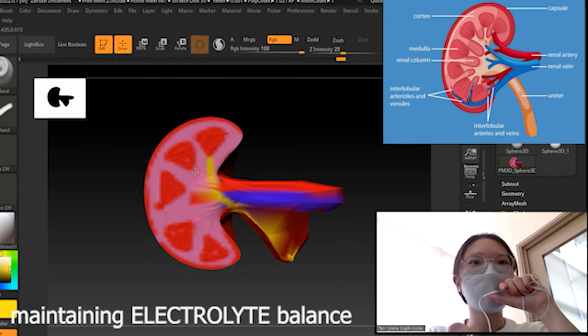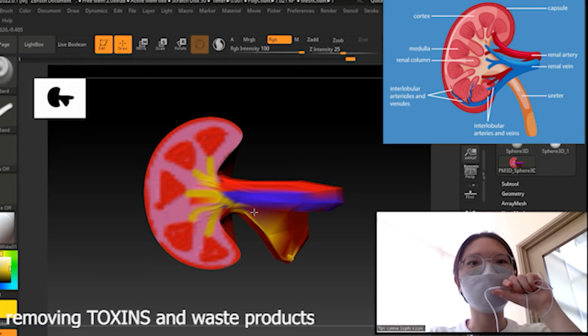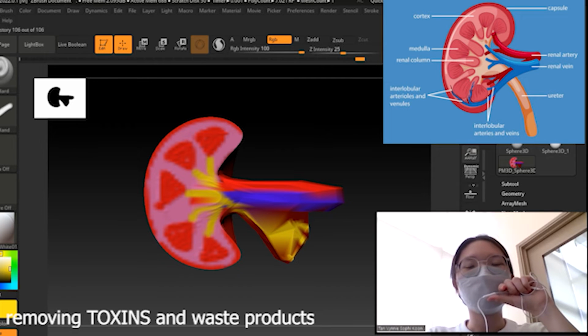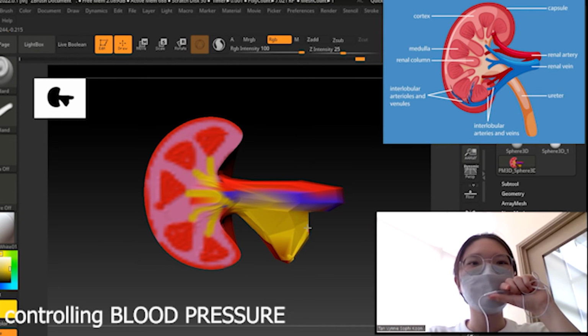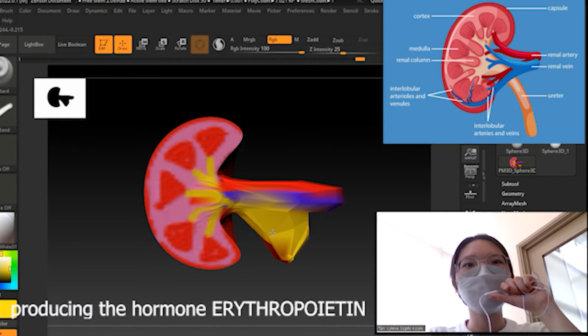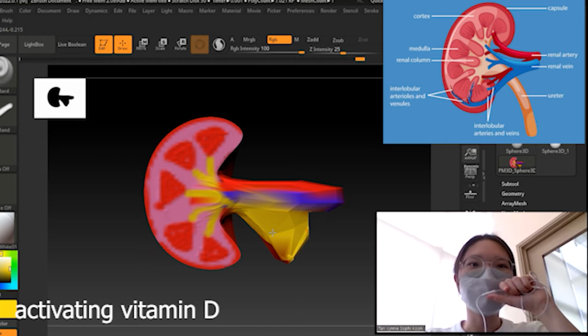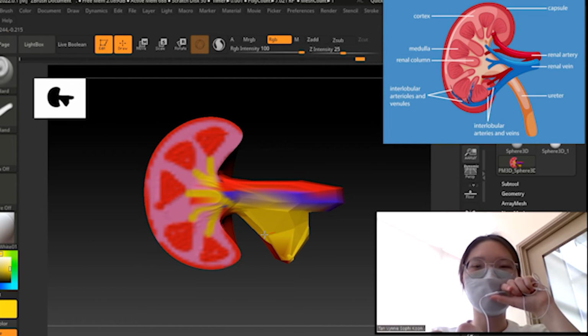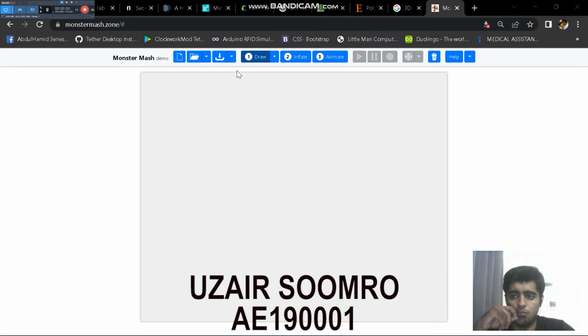Next, maintaining electrolyte balance, removing toxins and waste products from the body, controlling blood pressure by producing an enzyme called renin, producing the hormone that helps the body create more red blood cells, and also don't forget activating vitamin D. So that's all from my part. Thank you. Assalamualaikum warahmatullahi wabarakatuh.